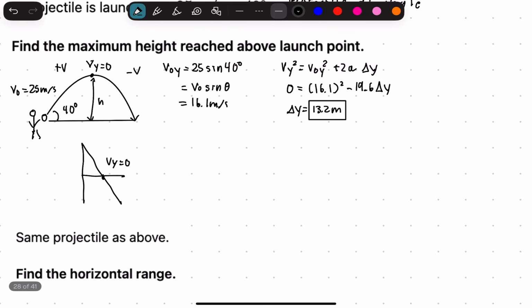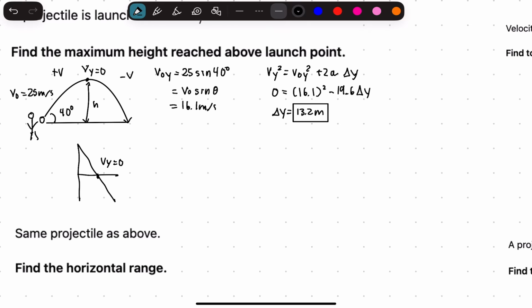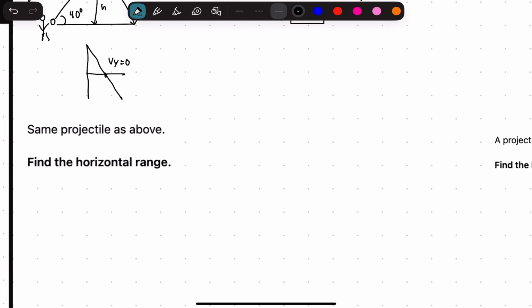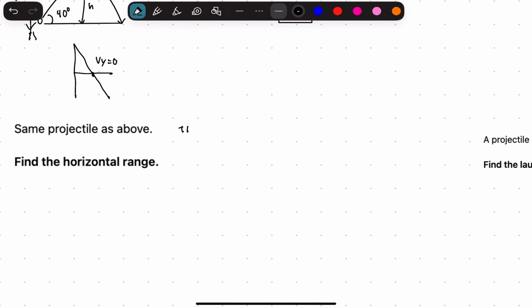Okay, now using the same projectile as above, find the horizontal range. In order to find the horizontal range, we're going to need to find the time of flight. We know that y returns to 0, because it goes from y equals 0, rises up to a max, and then goes back to y equals 0.